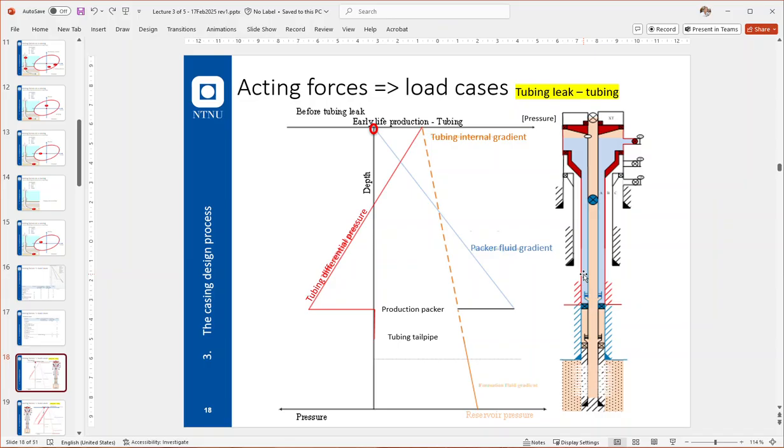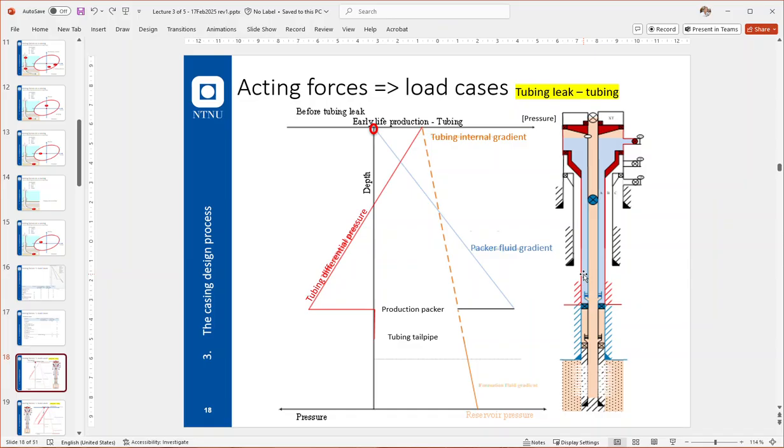Say that you have a 9 5/8 inch section, and then you have to drill an 8.5 inch hole down to the top of the reservoir, and you install a 7-inch liner. And then you start drilling a 6-inch hole through the reservoir.